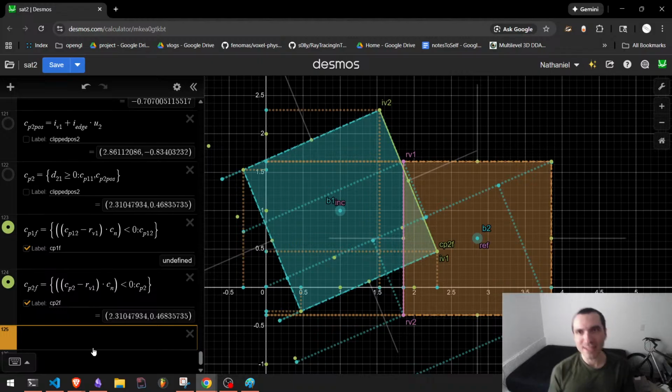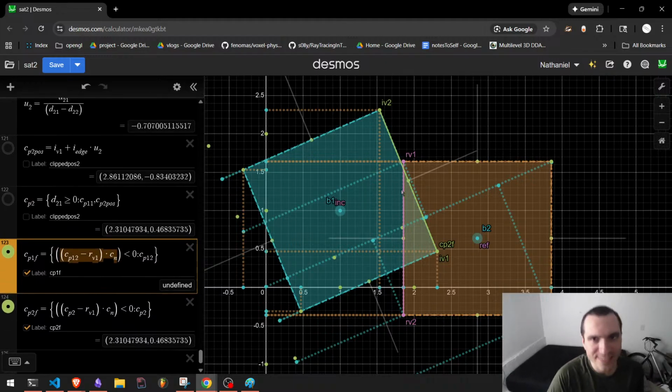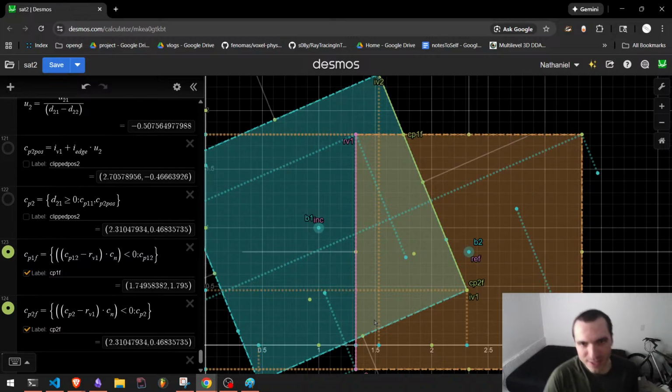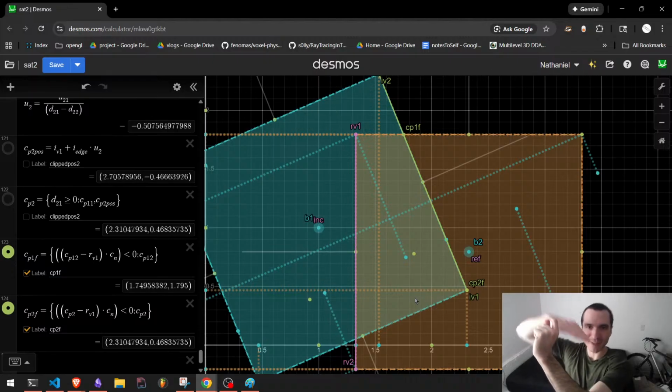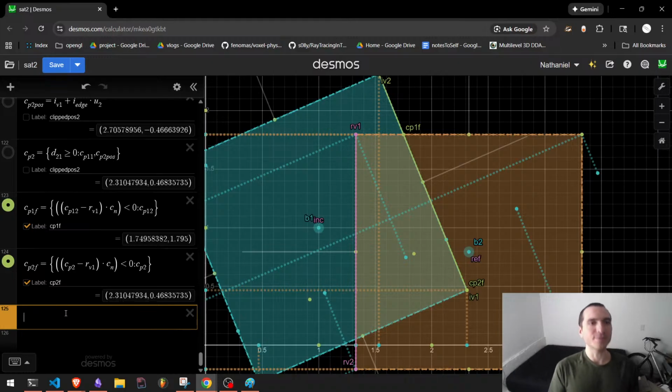And so the last thing we need is a separation, the amount that we need to resolve. And we can get that by basically doing this again. Well, this will give us the penetration, but let's cast it, just to demonstrate where the corresponding points are on the surface of the reference edge from the clipped collision point. We're going to cast it in that direction along the reference edge and see where it falls. And so to do that, we're going to do CP1F surface.